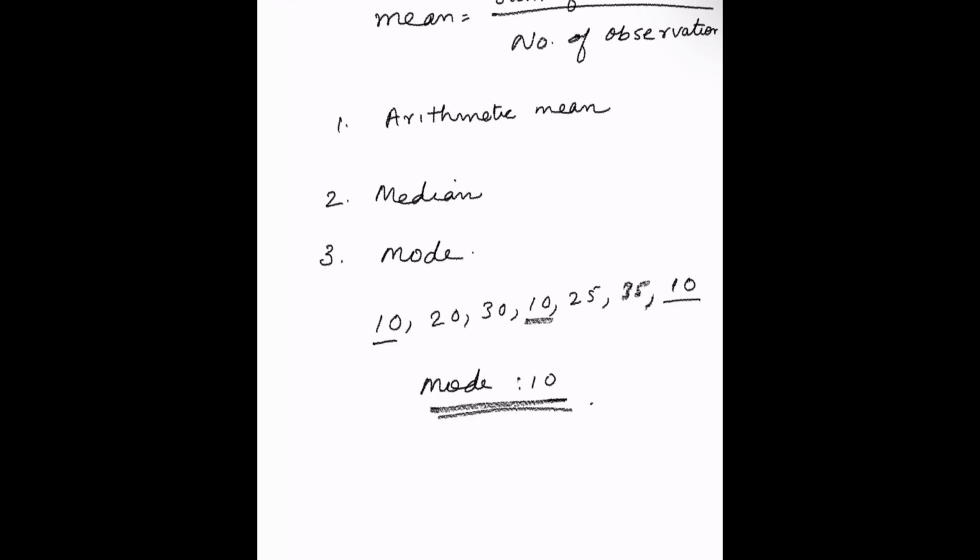Assume that you are standing in front of your house and you are checking the speed of the cars that are going in front of your house. You are noting down each car's speed. Say one car is going at 90 km per hour, another car at 60 km per hour, a third car at 85 km per hour, then another one at 60 km per hour.